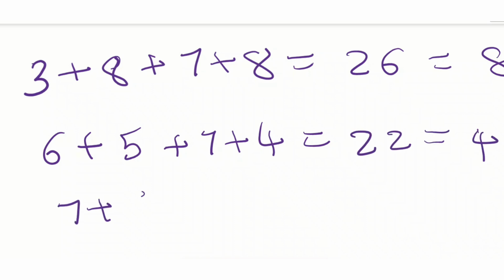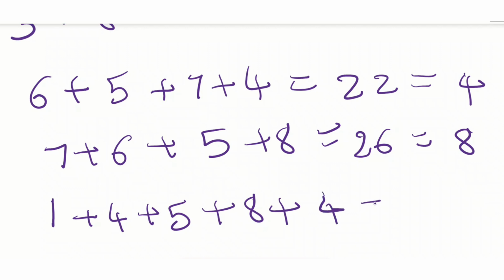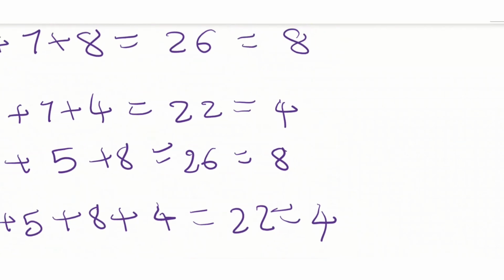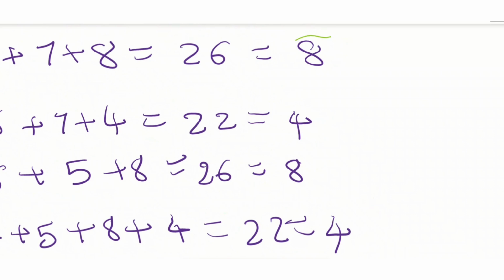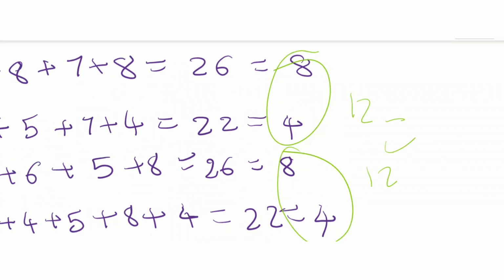Then 7 plus 6, 4. This gives us 22, which is 4 again. So the numbers that we finally get over here is 8 plus 4, 8 plus 4, 8 plus 4, 12, and 12, which essentially gives us 24, and 24 essentially, according to the Navashesh rule, becomes 2 plus 4, that is 6.